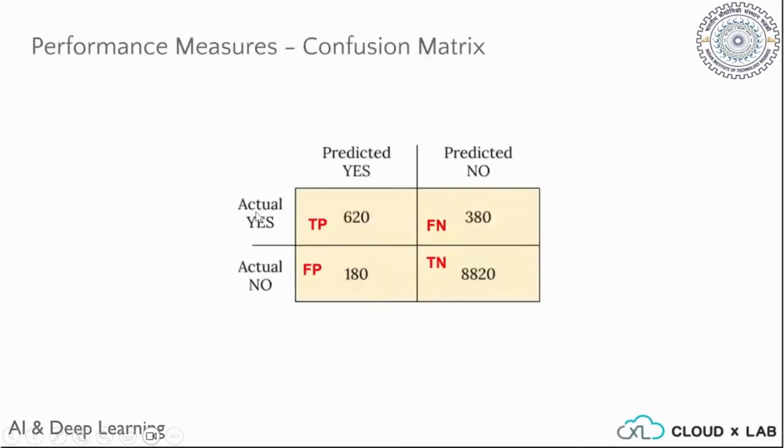In this matrix we are writing yes or no, or one or zero. For yes you can write one, for no we can write zero, or you can say true or false. And we can also exchange this. It's not like the first row has to be yes.